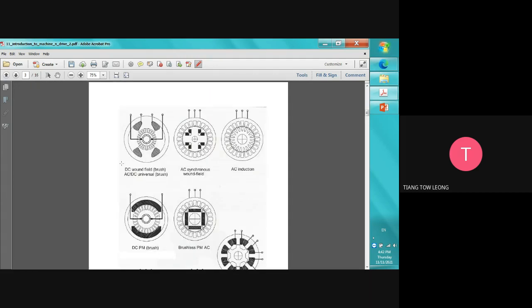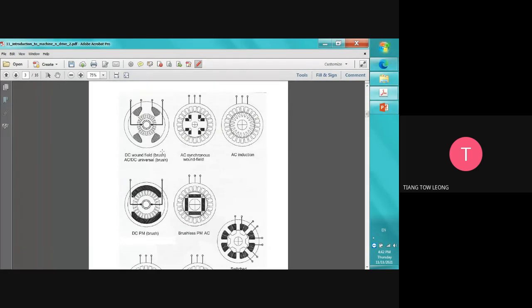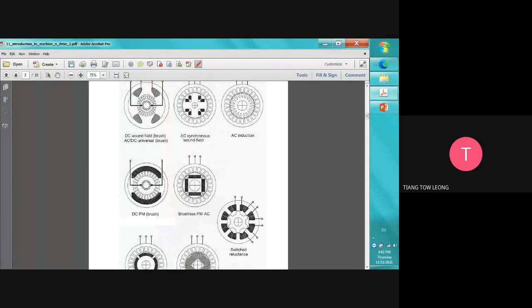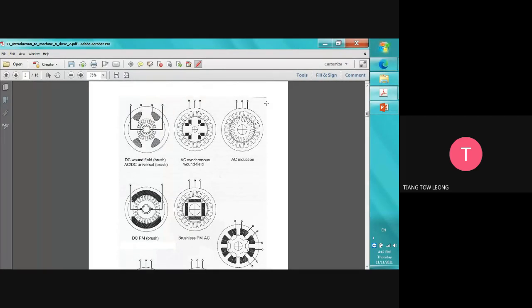And then okay, this is a cross section of the motor. It's quite difficult to see from the cross section. Maybe you can have a look at the hardware and then come back to here. For example, the AC induction motor.